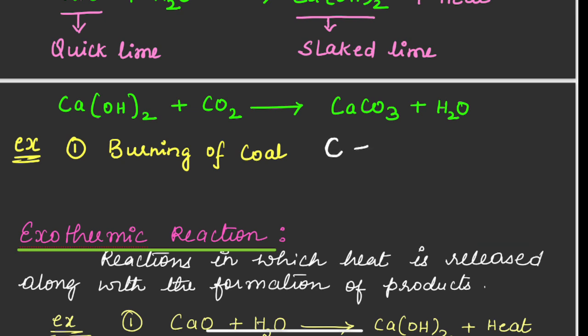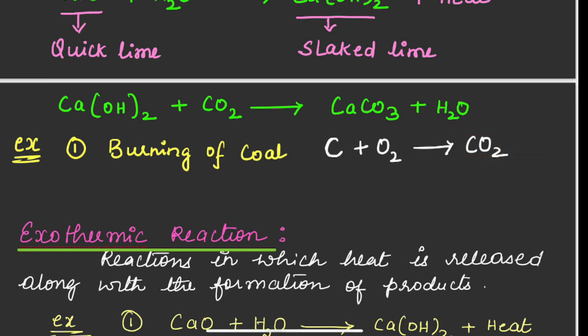So carbon, when it burns with oxygen, carbon dioxide will be formed. This is a combination reaction because you can see two reactants are there, and this results in the formation of only one product. Therefore, this is a combination reaction.